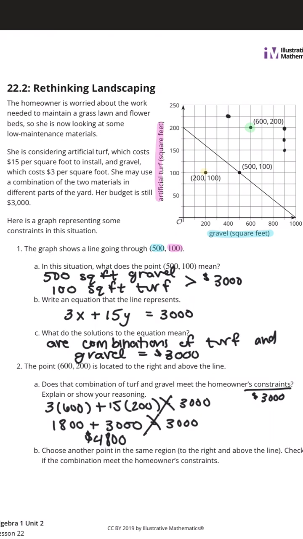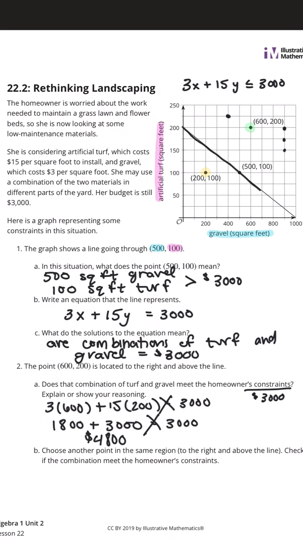Constraints. Well, here's 200, 100. I know that point does not meet the constraints needed to graph this inequality. I'm still going to have a solid line because it's still less than or equal to.